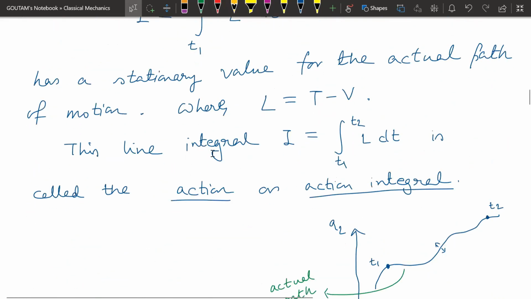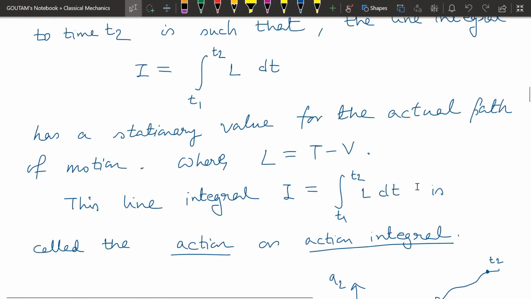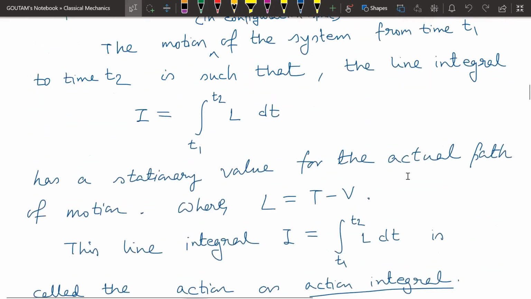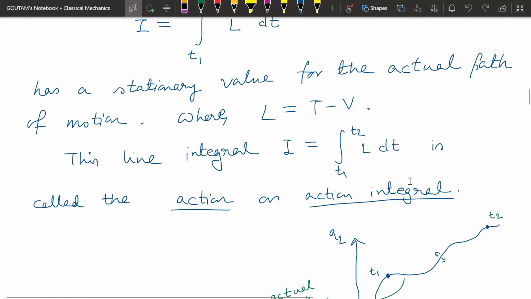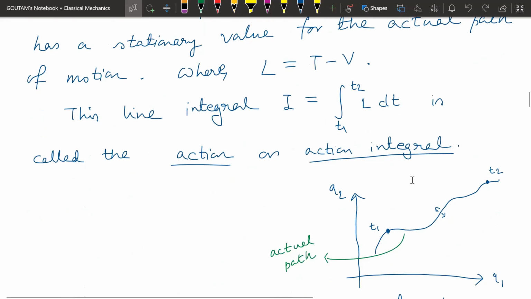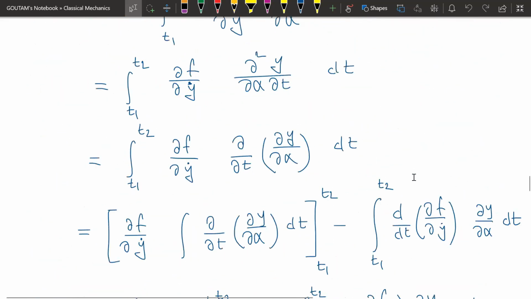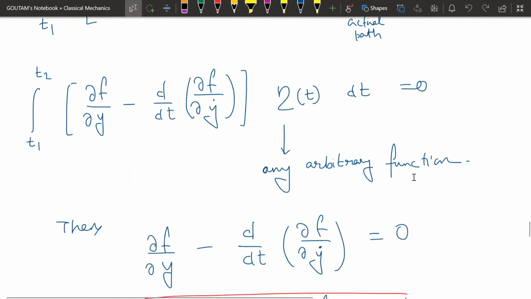There we learned that if we have the actual path in the configuration space of our system, then the variation of the action integral will be zero. So the action is stationary around the actual path, and this gives us this equation of motion.